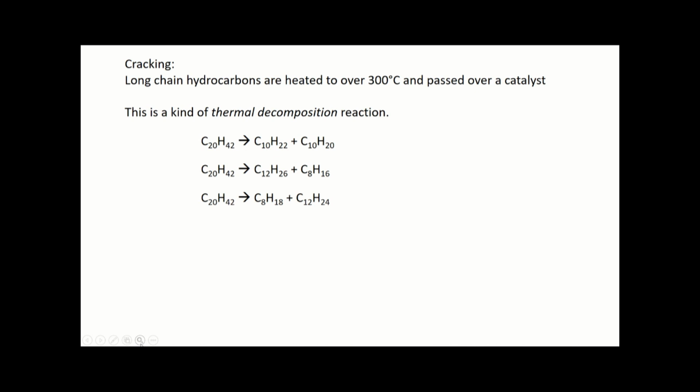We could get octane, C8H18, and we can get dodecene, which is C12H24. In fact, we can get an awful lot of different things out, and after we've done cracking, usually what we have to do is we have to put them back into fractional distillation to separate all these different chemicals out. But the important thing is that whatever we've put in, a long alkane, we're making it shorter. We're making a shorter alkane, and we're always going to get some sort of alkene out as well.